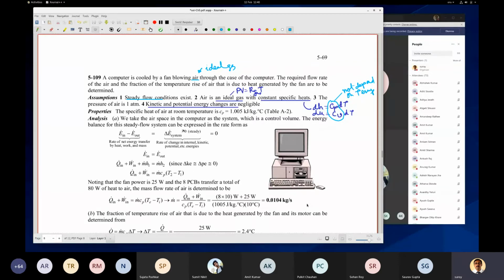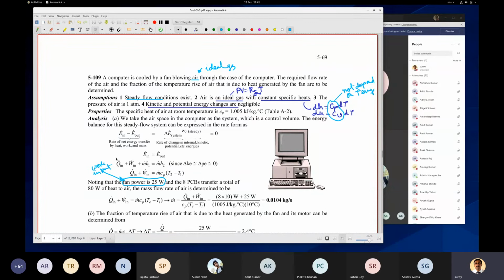Okay. So what is this fan power? The fan power is 25 kilowatt. The fan is inside, so this will also work. The fan is like a shaft, you're rotating it, and that fan inside also generates some heat.